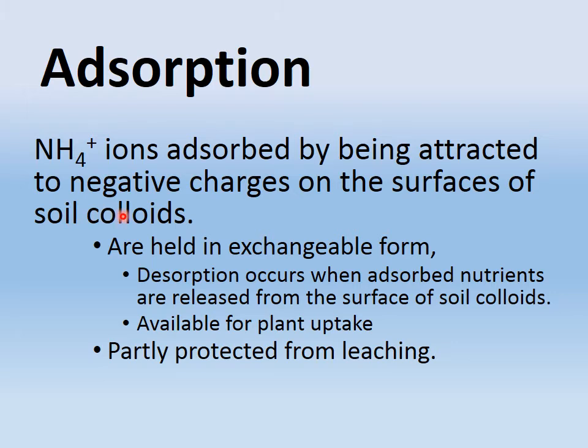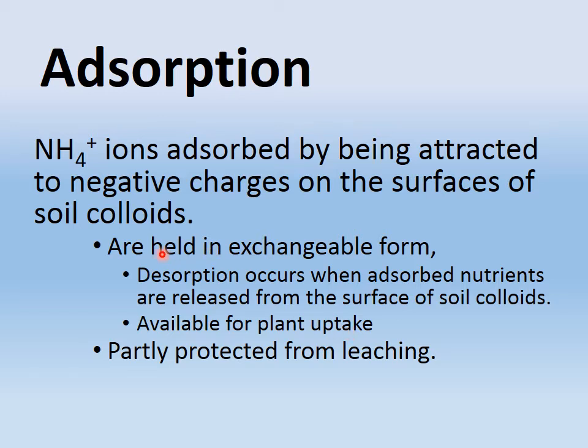What we are saying now is that these ammonium ions are being held in an exchangeable form. In other words, the ammonium can still be exchanged by other cations, and this ammonium will then go into the soil solution, and is available for plants to take up.